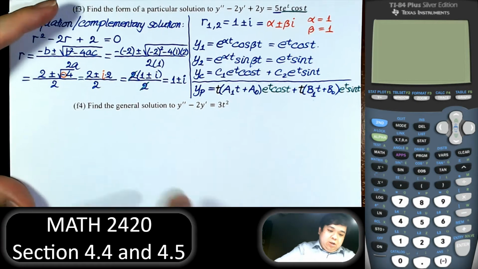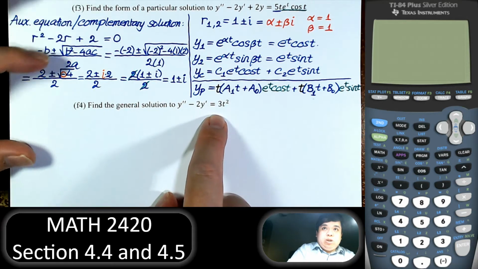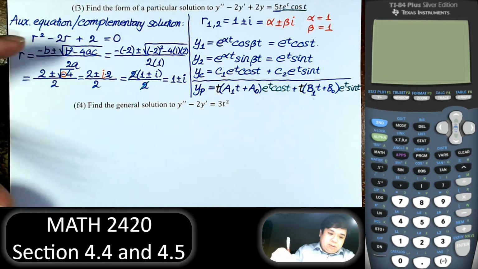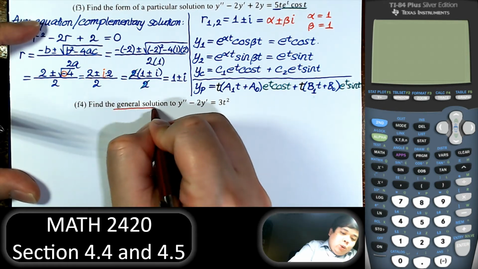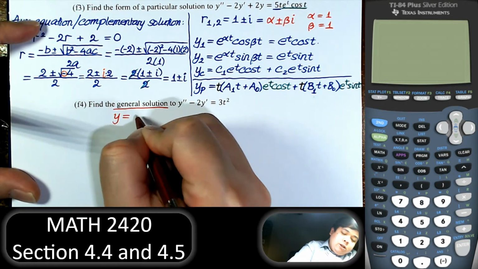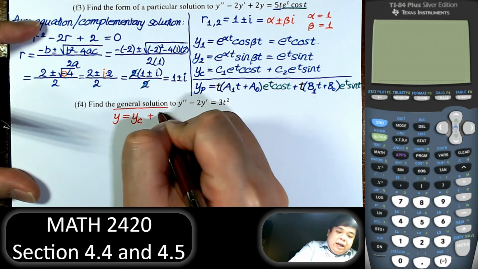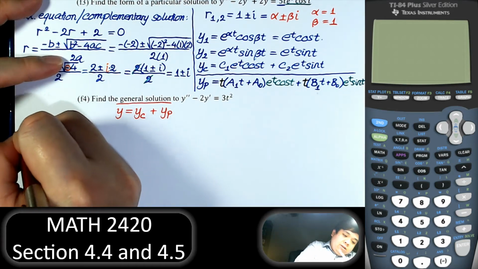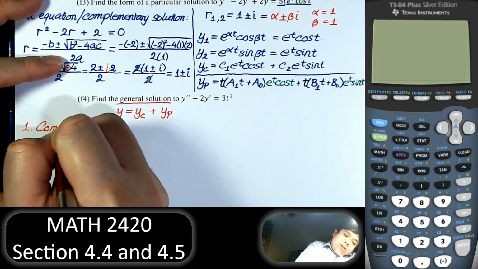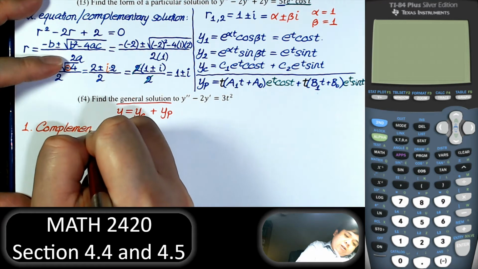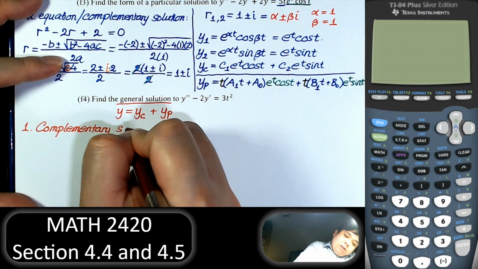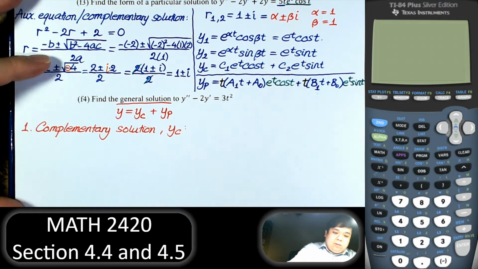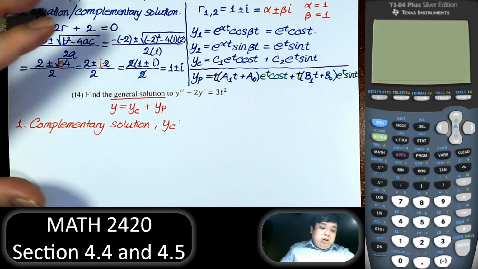Right, so find the general solution to this one. The general solution will be composed of two parts: complementary solution and particular solution. So let's do the first step, complementary solution. Of course, we write the auxiliary equation.